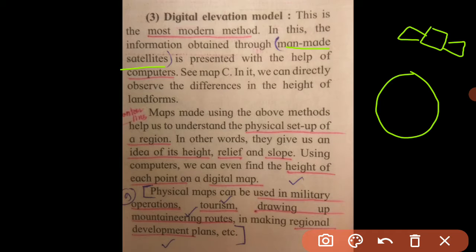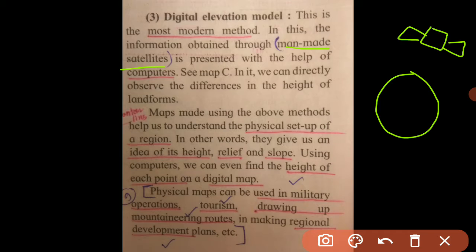They take photographs and information from various portions of the earth, and with the help of satellites this method is produced and presented with the help of computers. See map C. In it, we can directly observe the differences in the height of the landforms. We can easily identify the difference in heights and depths.